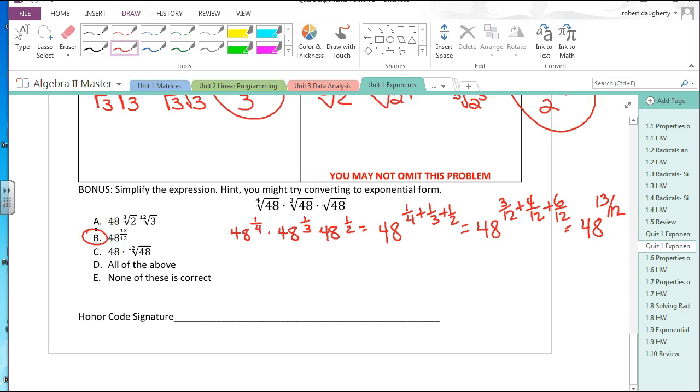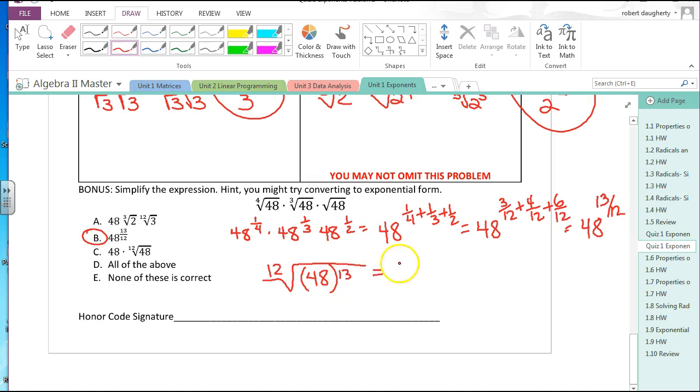Okay, that is this answer right here. But you can tell from this problem the teacher's trying to trick you. Are any of these other expressions the same? Well, if I look at 48 to the 13/12, how can I simplify that? So that is the 12th root of 48 to the 13th power.